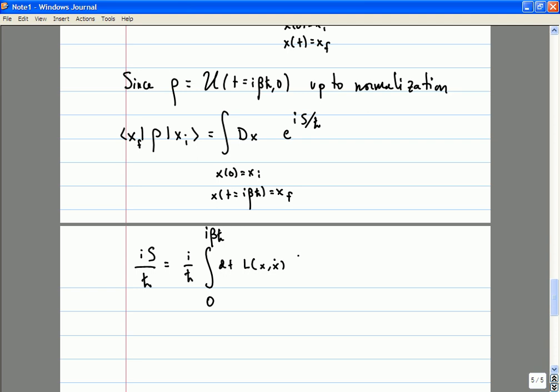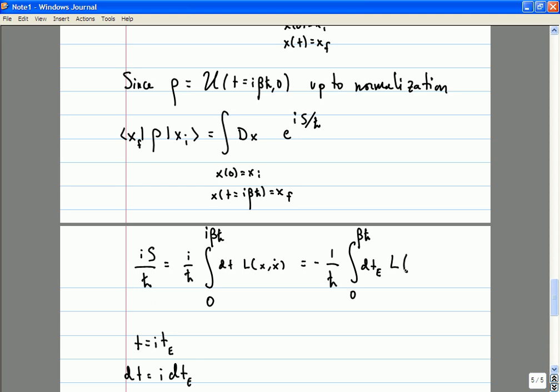And if we simply make the change of variables, where t is equal to i t Euclidean, so t is purely imaginary, and t Euclidean is real, then dt is i times dt Euclidean. So then this exponential e to the iS over h bar is the exponential of minus 1 over h bar times the integral dt Euclidean, where t Euclidean is now real. It goes from 0 up to beta h bar times the Lagrangian.